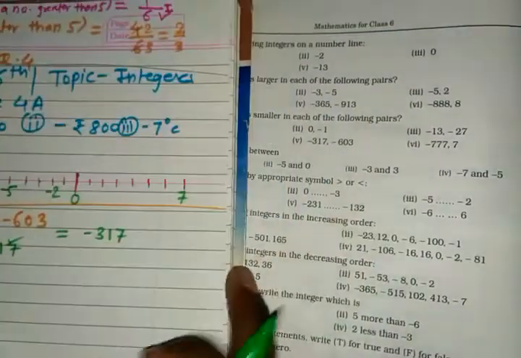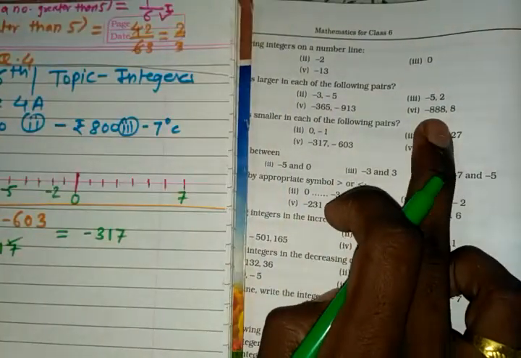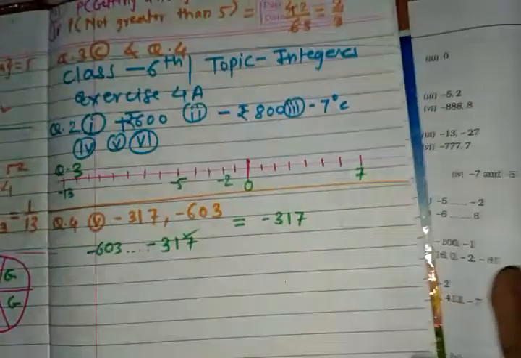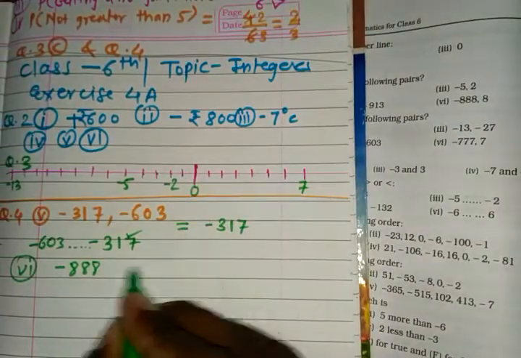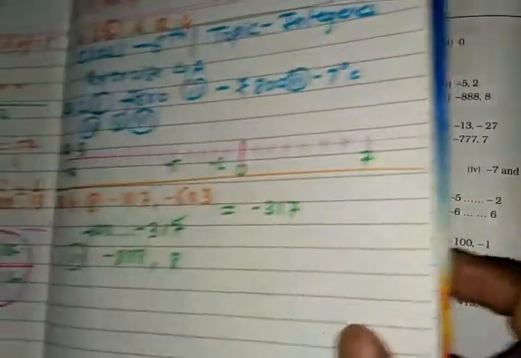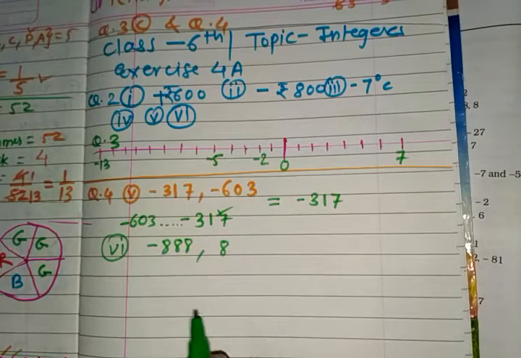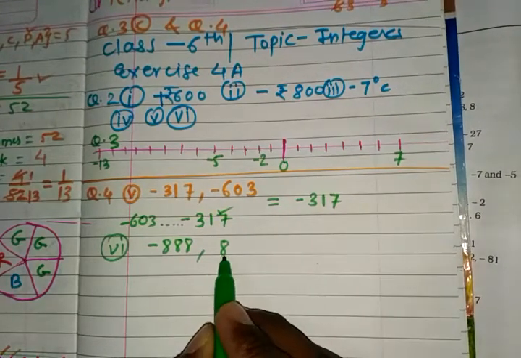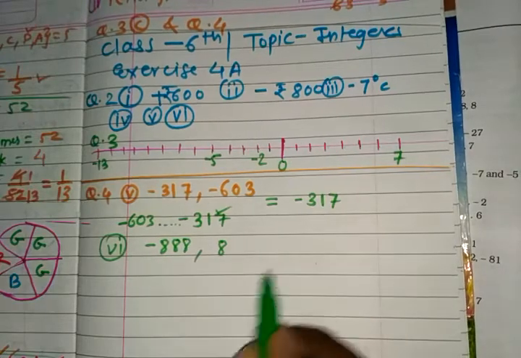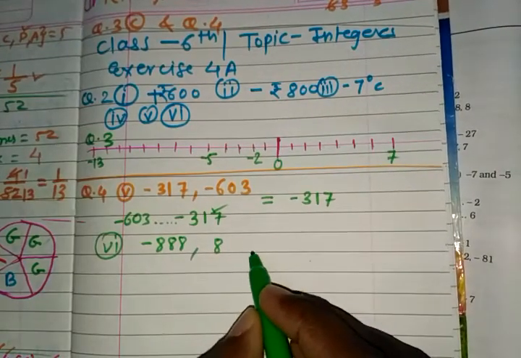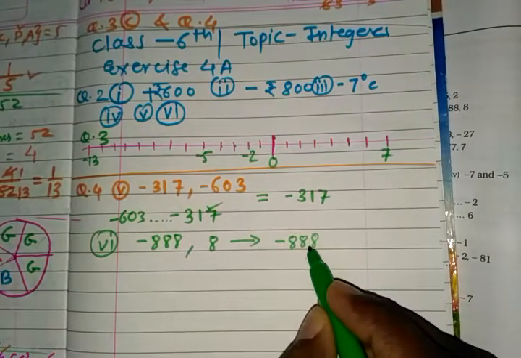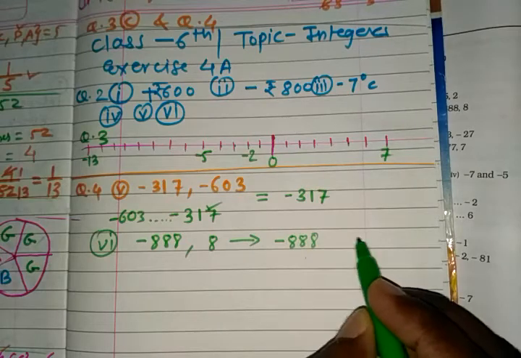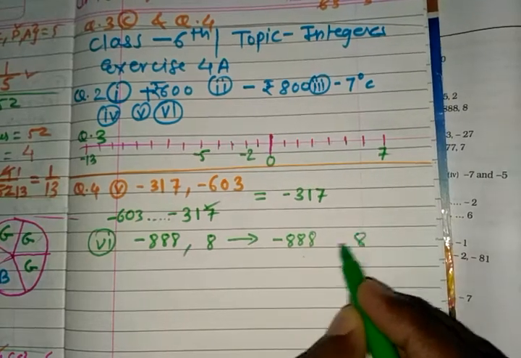Let's take the example 6, minus 888 and 8, right? Again we have to see which number is lying to the right side of the other. Here positive 8 and negative 888. So we will write negative 888 first, and to the right there is the number 8.